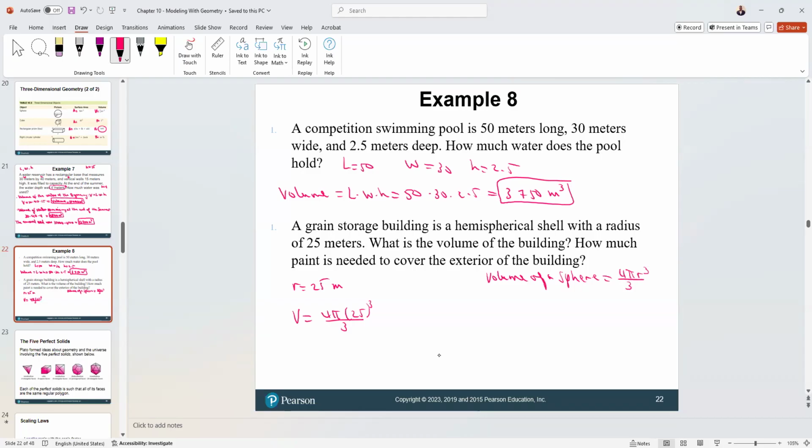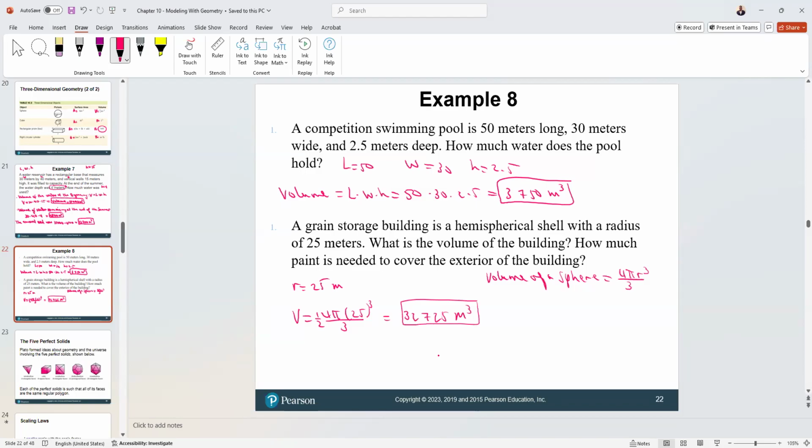We need to make sure we use half of it, because we need to take half of it. So that would be one half of all of this. When you do everything, it gives you 32,725 cubic meters.